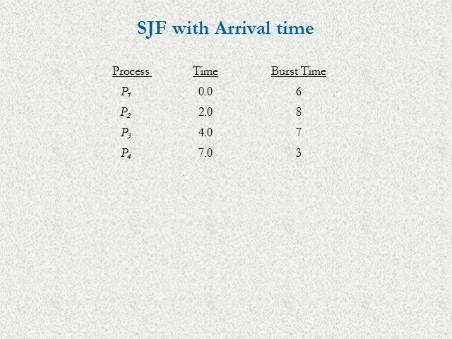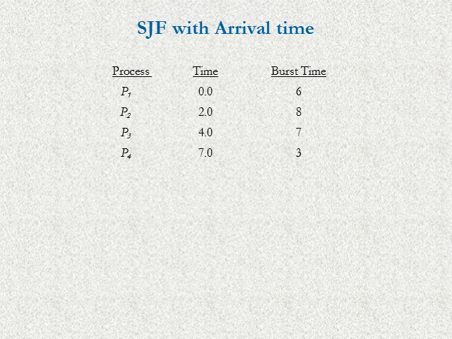Once P3 completes its execution, at time interval 13 we will again have two processes in the ready queue, P2 and P4. Now we will check their burst times, and as P4 has less burst time compared to P2, P4 will be given to the processor. And then at the end, P2 will be given to the processor for its execution.